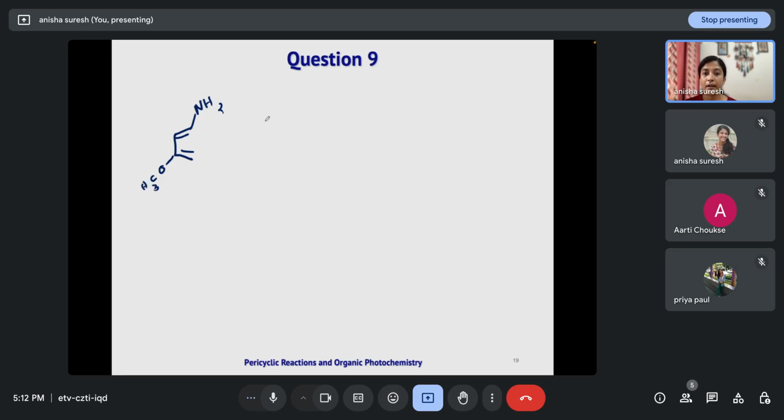OCH3 and triple bond CH3. So these are the two starting materials. NH2 is an electron releasing group by resonance effect, right? So because of that, at this center it will be more electron rich. So this is an electron rich center.